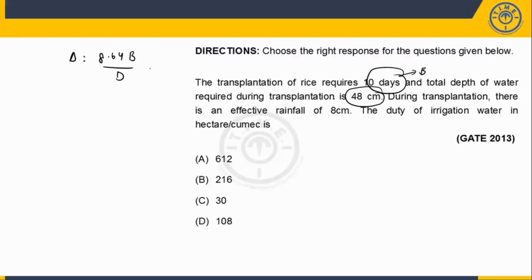And total depth of water is how much? 48 centimeter. That is delta. Next, there is an effective rainfall of 8 centimeter. There is a rainfall also. Duty of irrigation in hectare per cubic is dash. Try to do this.